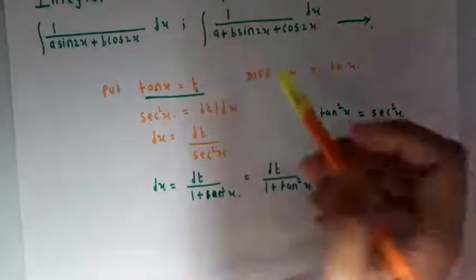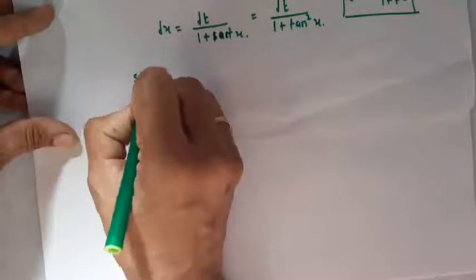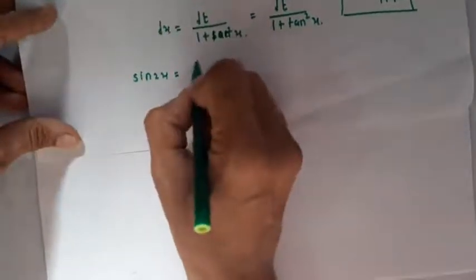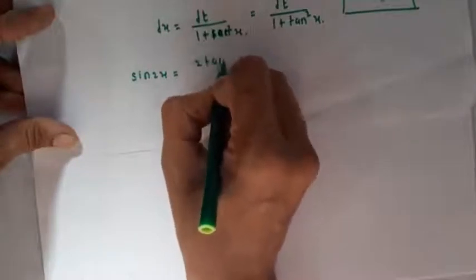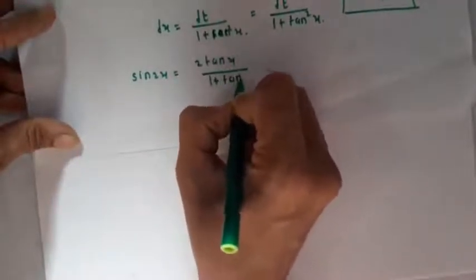Now let us find the values of sin of 2x and cos of 2x according to the given substitution. We know the formula for sin of 2x in terms of tan, that is 2 tan x upon 1 plus tan square x.